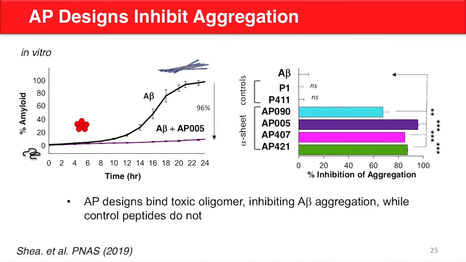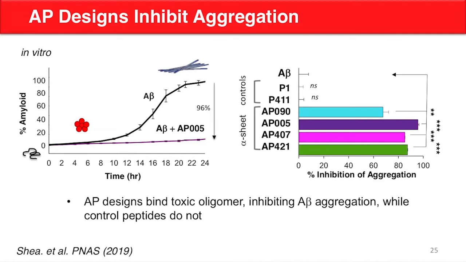So this shows that when we then add to A-beta one of our compounds, AP5, you can see the curve doesn't rise. We nip the aggregation in the bud. What I'm not showing you here is we then have tested this in the neuroblastoma cells as well, and that's been published in that same PNAS paper cited there. And they do in fact neutralize toxicity.